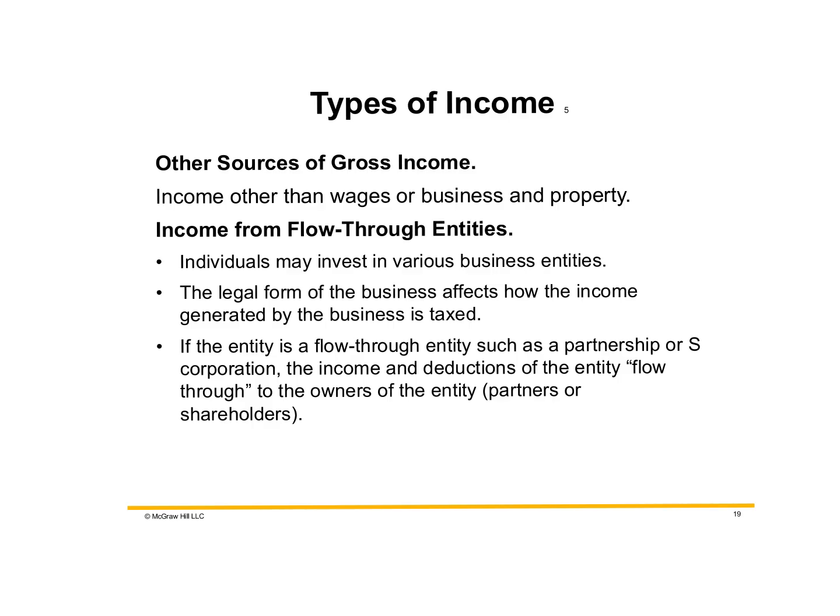The different types of entities were tax-paying entities and flow-through entities. Our flow-through entities, if you think back to chapter 15, were partnerships, S corporations, and sole proprietorships.